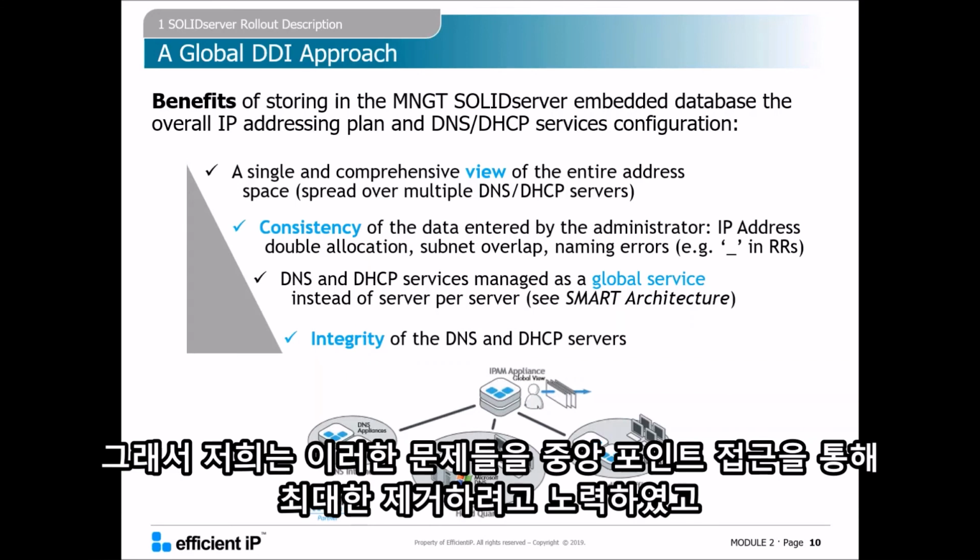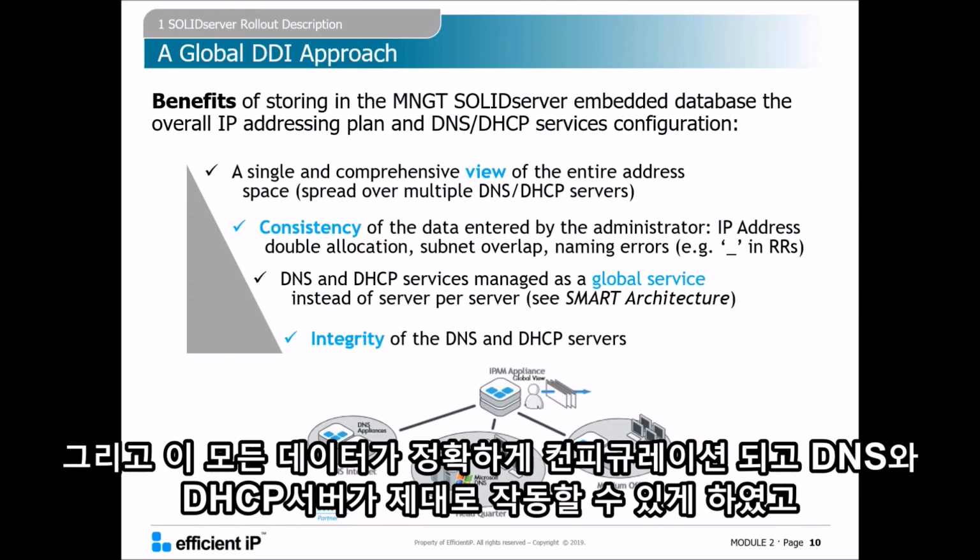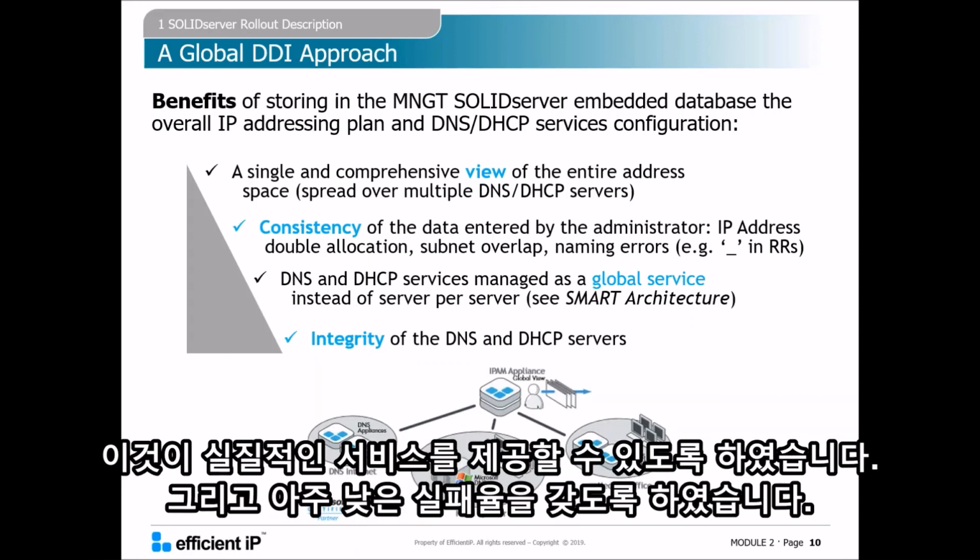So we try to eliminate as many problems as we can by having a central point of access and making sure that all this data is accurately configured, right? And making sure that the DNS and DHCP servers are working properly, and the integrity of the services is there to make sure it's providing the real services, with a very low risk of any failure.